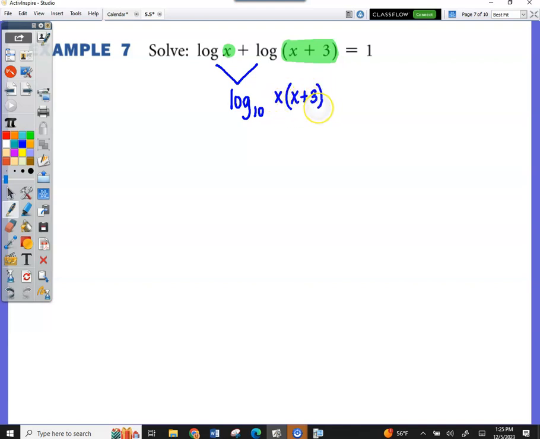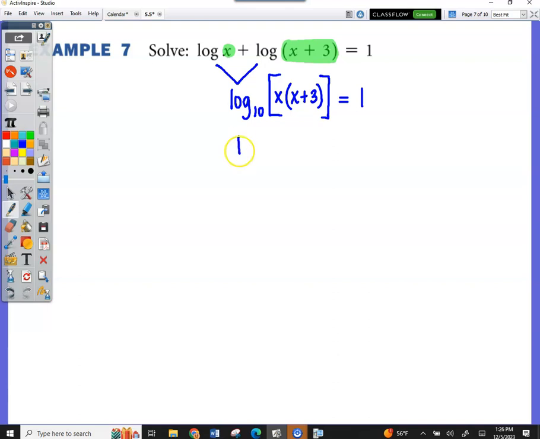And that's a lot to be attached to that log base 10, so I'm going to put giant brackets around it so that I remember that is all one thing. If you don't want to do brackets, just do really big parentheses. It's just to say to yourself, okay, that is all in the of part. It's x times x plus 3.